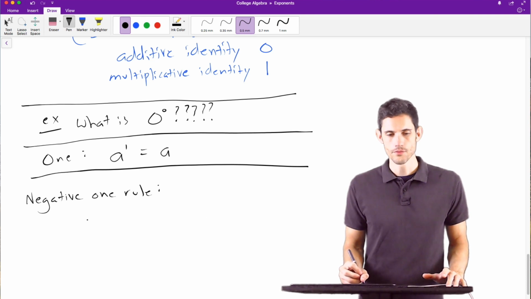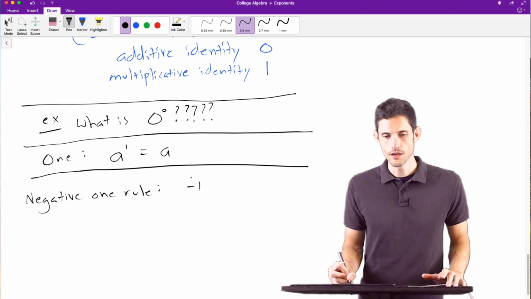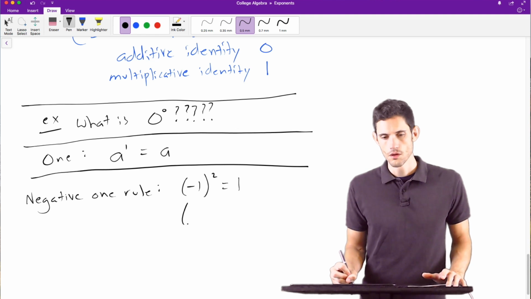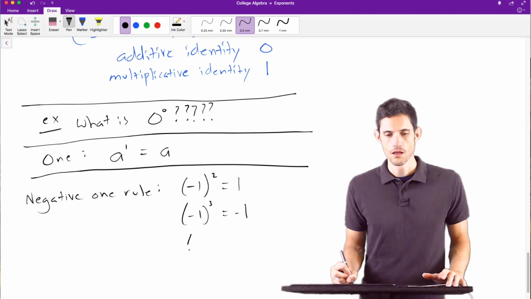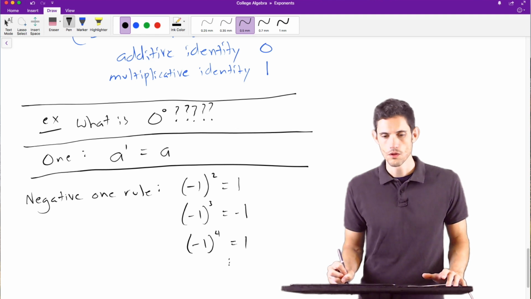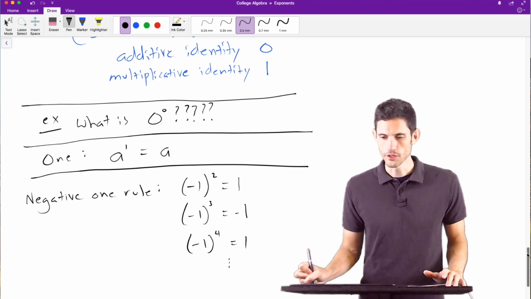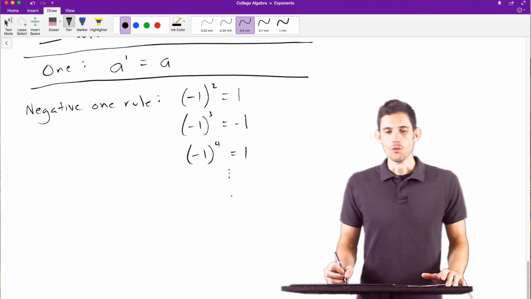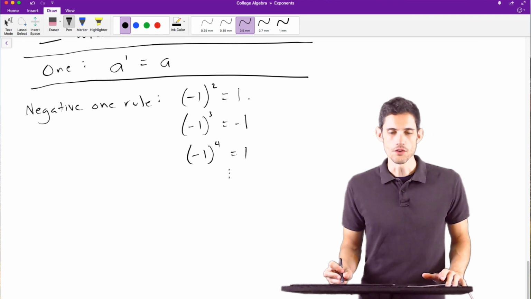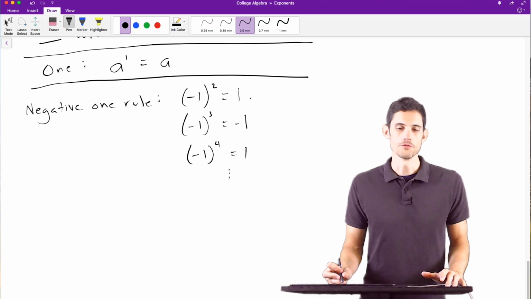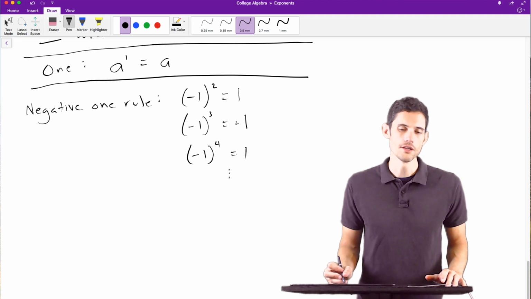And so what I'm saying is -1 squared is 1. -1 cubed is -1. -1 to the power 4 is +1. And you can see the pattern emerging there. When the exponent is even, you get +1, and when the exponent is odd, you get -1.